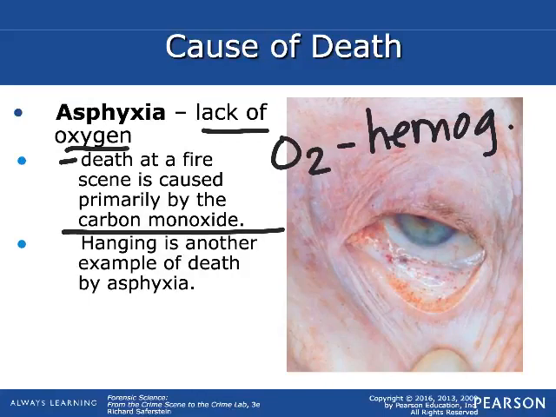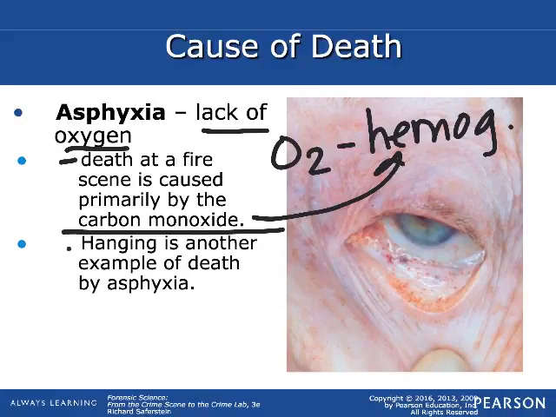Carbon monoxide is produced as a result of fire, and carbon monoxide has a stronger affinity for hemoglobin than oxygen does. So it binds better to hemoglobin than oxygen does, and that will asphyxiate or suffocate you physiologically.